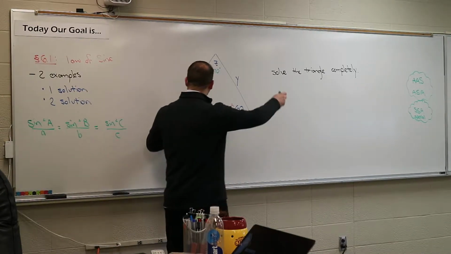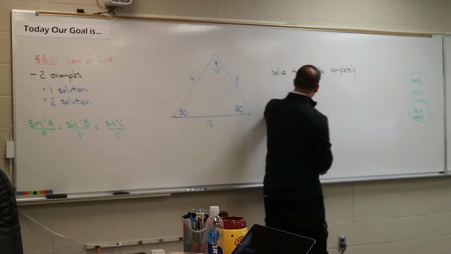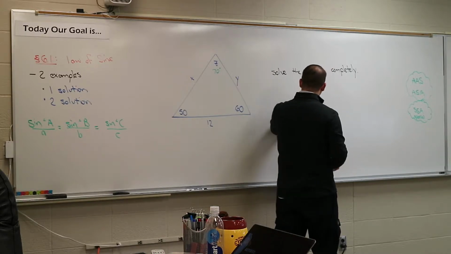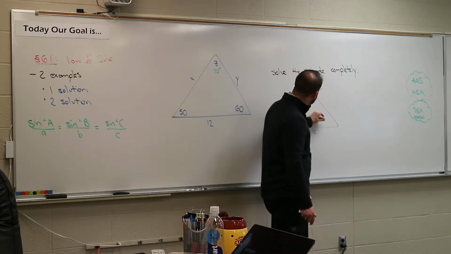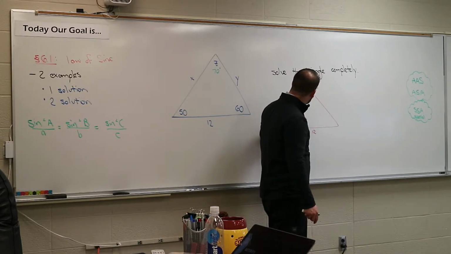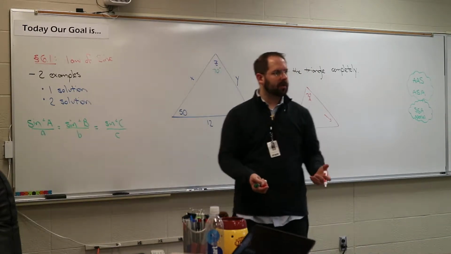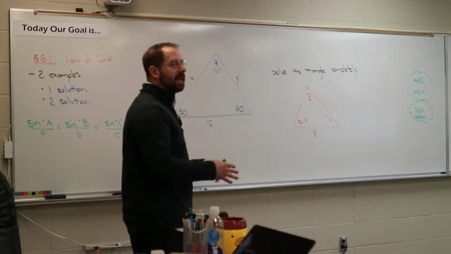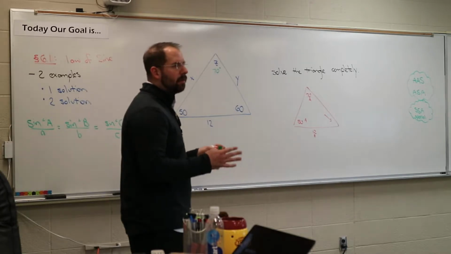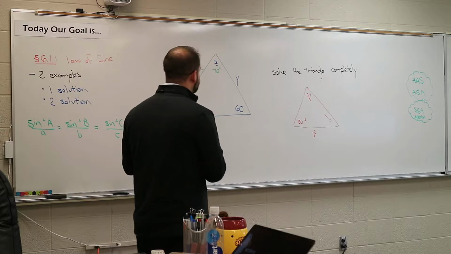Now, if I had the other version, which was angle angle side, it would be like this: 70, 50, and the 12 here, and I could find the mystery angle, which is 60, and now I'm back in the same problem again. So it didn't matter the actual setup, as long as you understand that you need at least a single angle in the problem, and you can find the other ones.